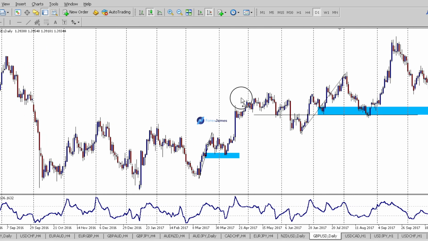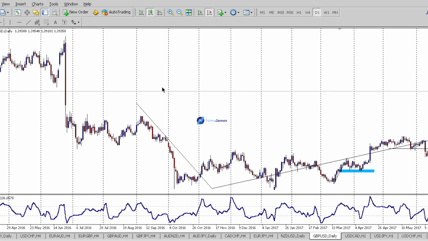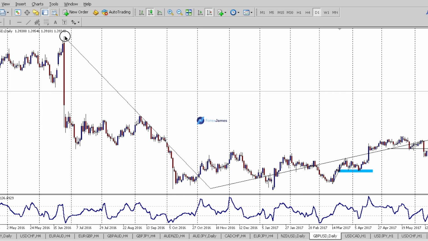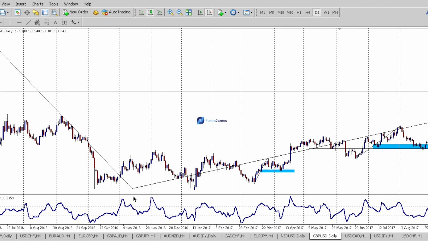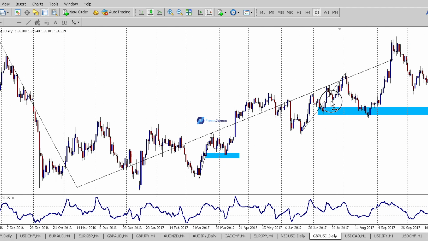Because by just looking at this, we don't know if this is actually a pullback from a bigger downtrend. This just indicates that in the long run, if this was indeed a downtrend, which it is, there were more sellers who are more willing to sell than the buyers.